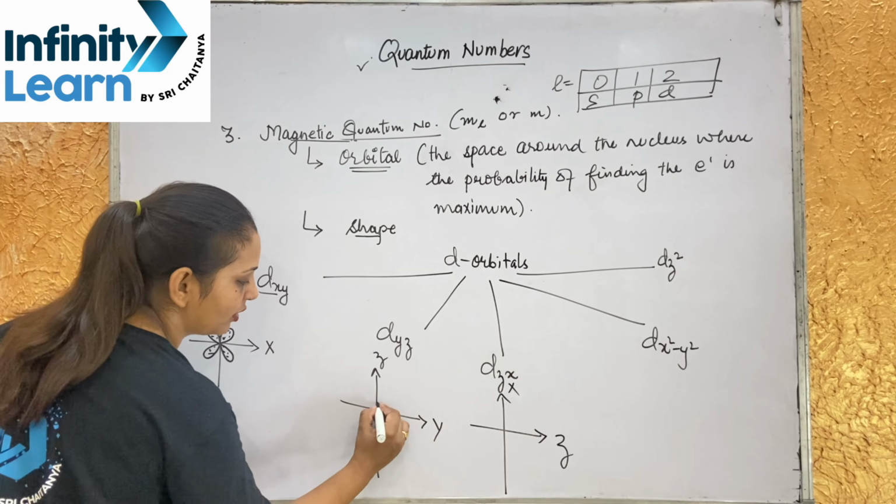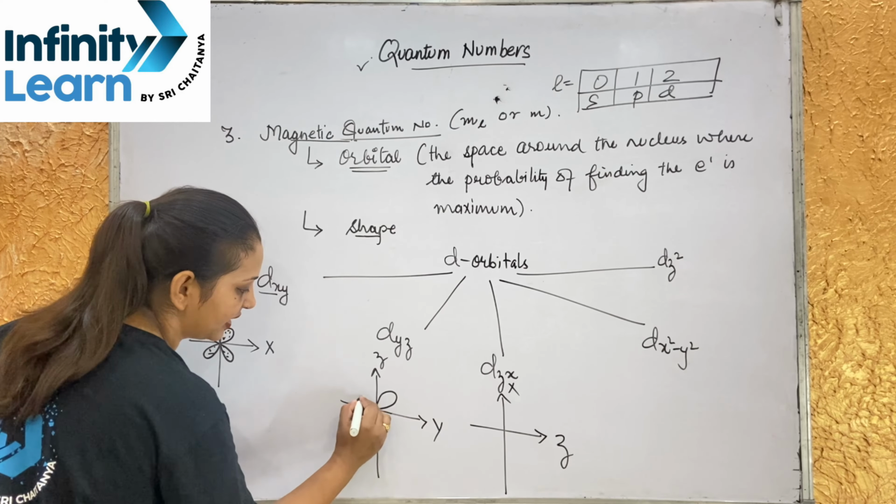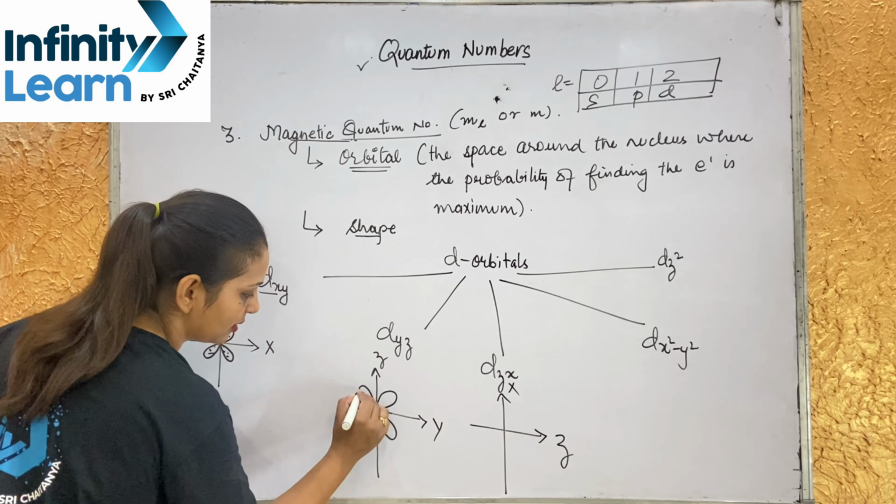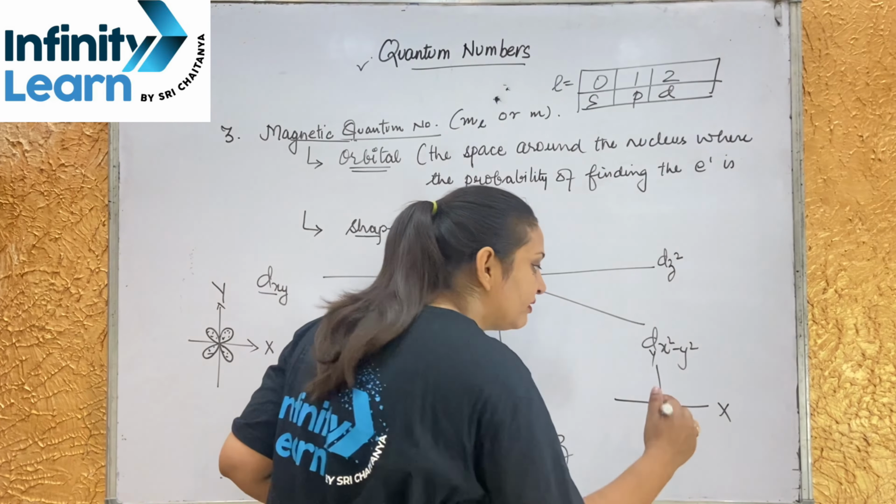And similarly for dyz and dzx. For dx square minus y square, we need the two axes, x and y, but now we'll be making the lobes on the axes.